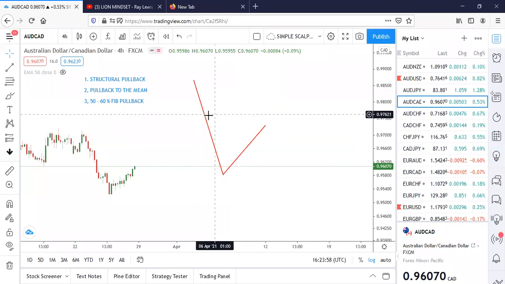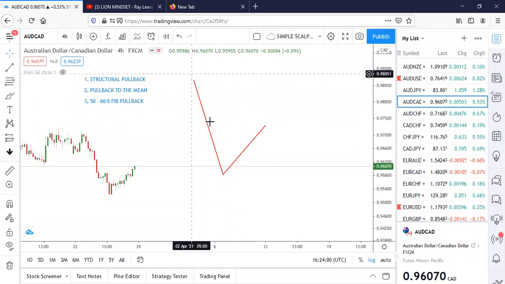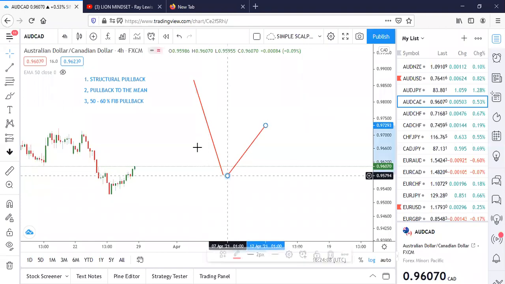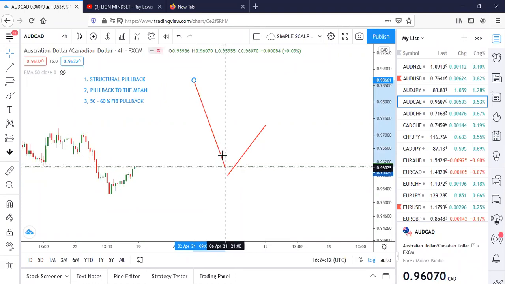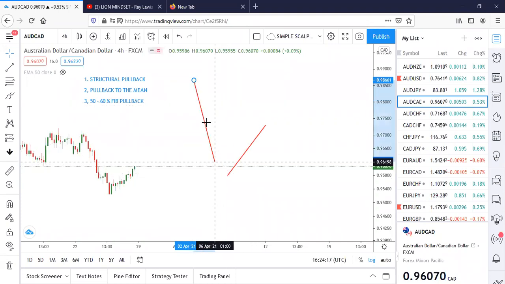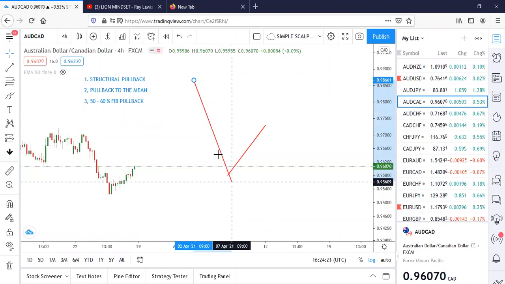The market is like a human when we breathe. You will agree with me that it is not possible for a human to keep breathing out without breathing in. So when the market is trending in one direction, for example to the downside, it means it's breathing out.